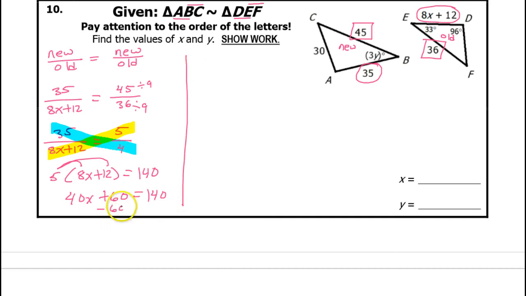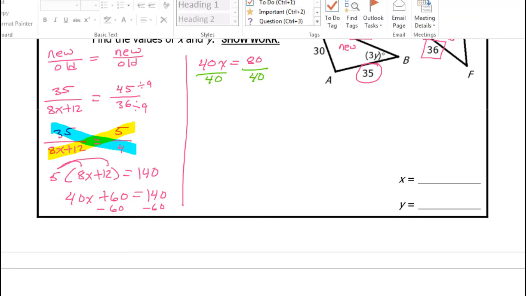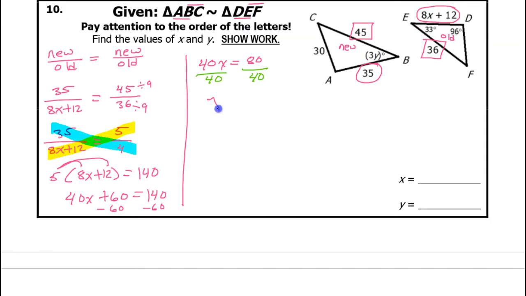Alright, time to subtract 60 from both sides. So that's going to give me 40x is equal to 80. And then I have to divide both sides by 40. So that gives me x is equal to 2.